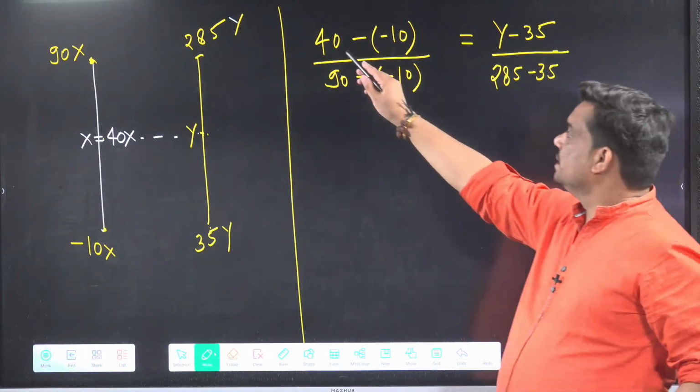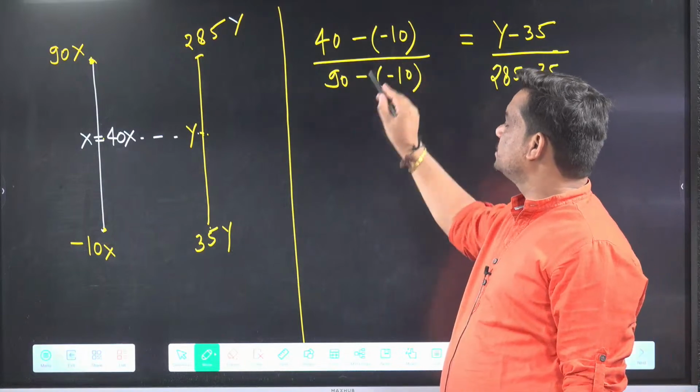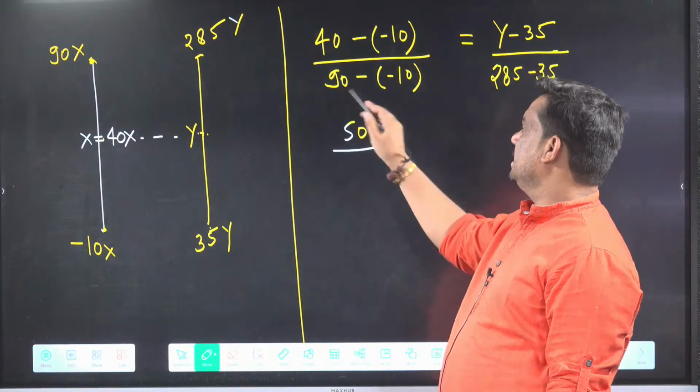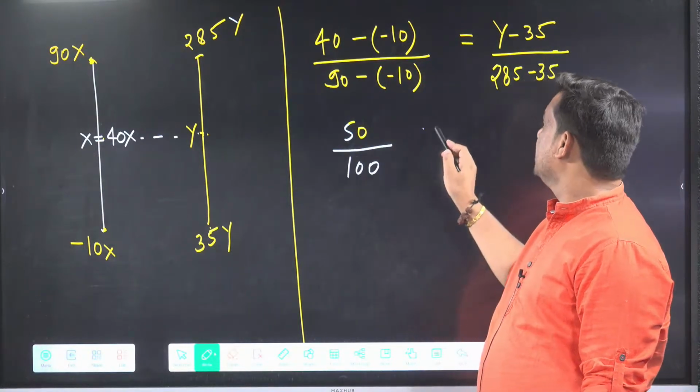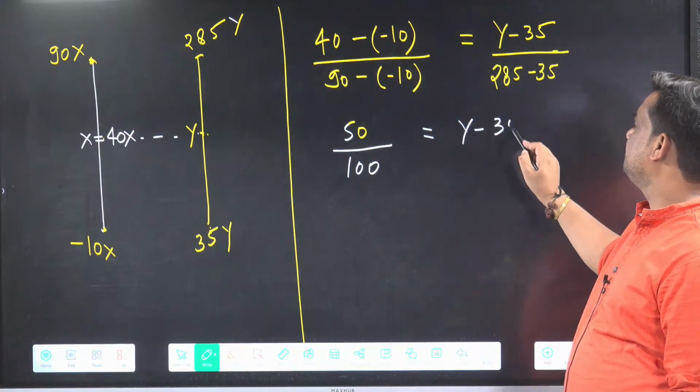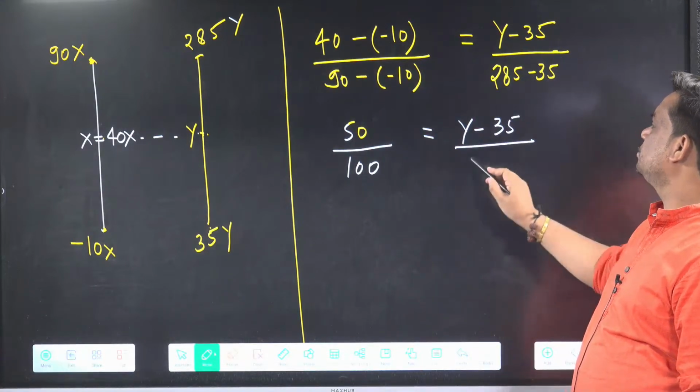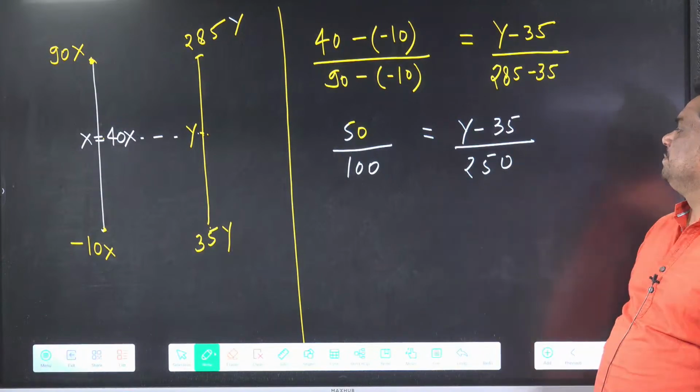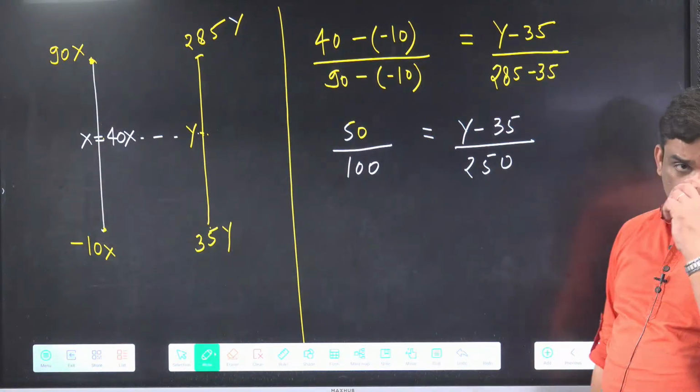Now minus minus is plus. So here we have 50, and here this one is 100. Here we will say y minus 35 divided by 250. Now this calculation you have to do.